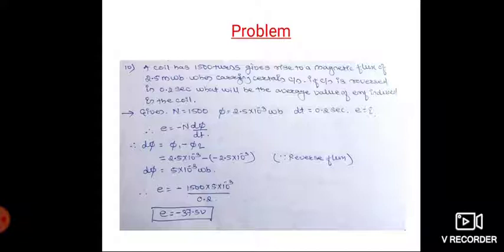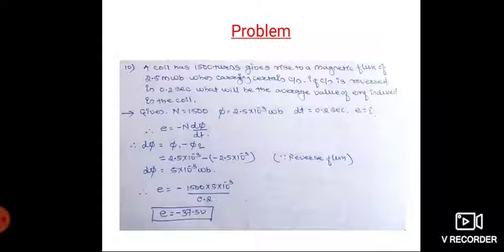Some example problem. A coil has 1500 turns, which gives rise to a magnetic flux of 2.5 milliwebers when carrying a certain current. If the current is reversed in 0.2 second, what will be the average value of EMF induced in the coil?